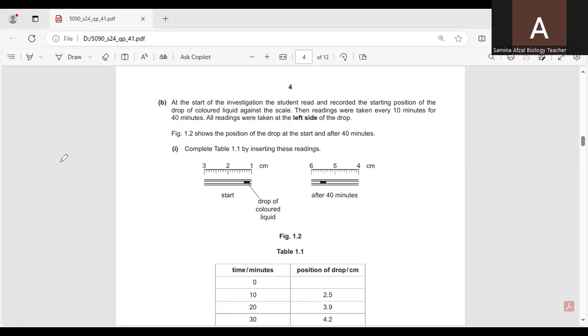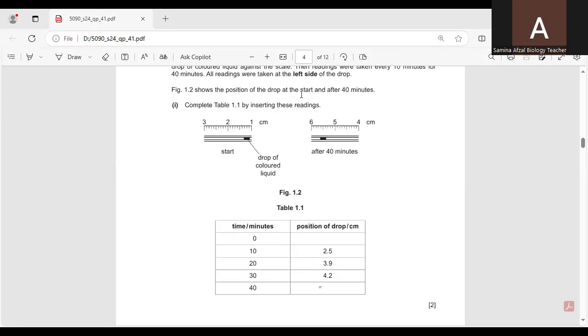You can see the reading at the start of this experiment. It is more than one, we can count 1, 2, 3, so it can be 1.3. The reading at the end of the experiment after 40 minutes is about 5.6.